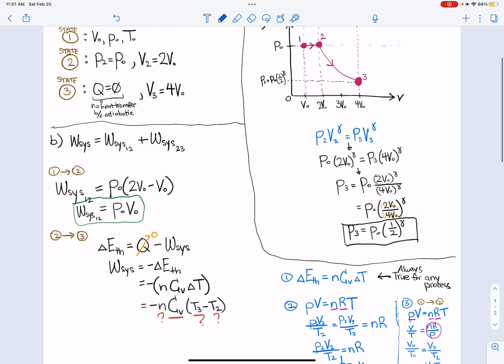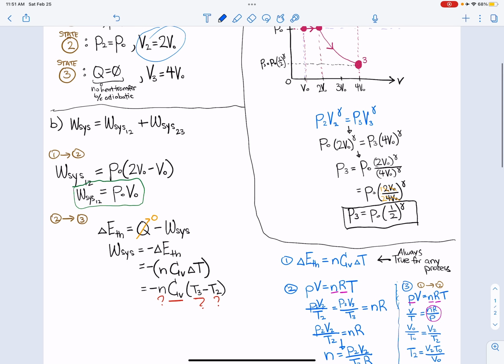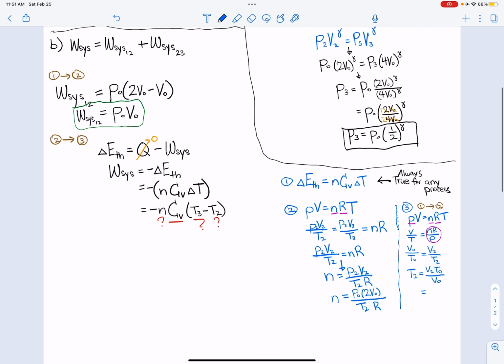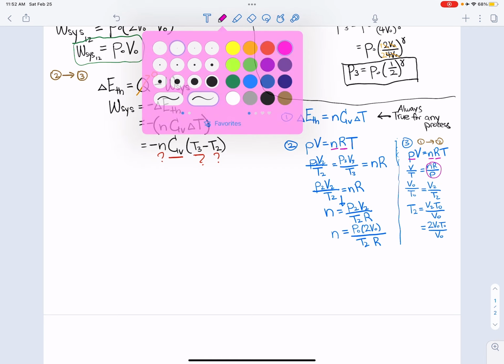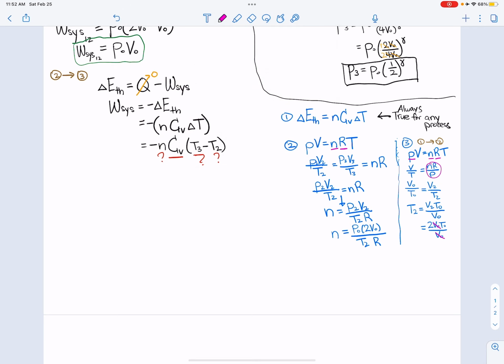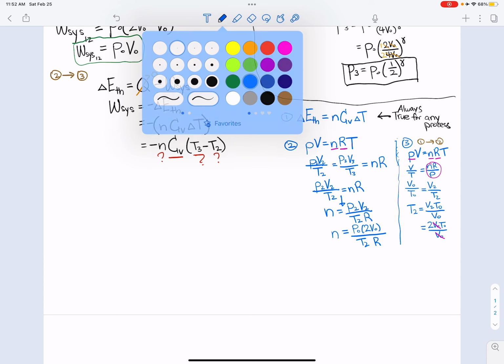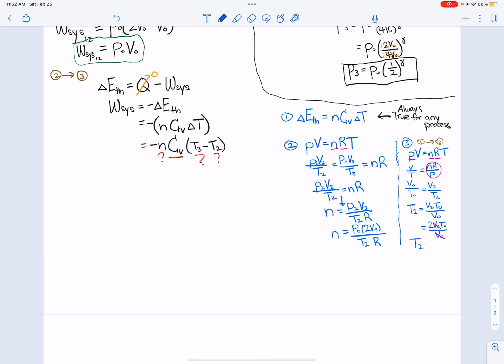I know that my volume at state 2 is twice my V1. Okay, so really that's all I need to know. So that is 2 V naught times T naught over V naught. And my V naught would cancel out. So then I'm left with temperature at state 2 is equal to 2 T naught.